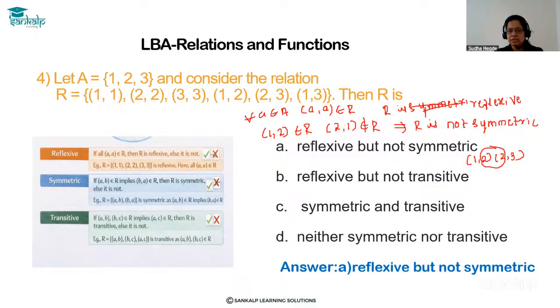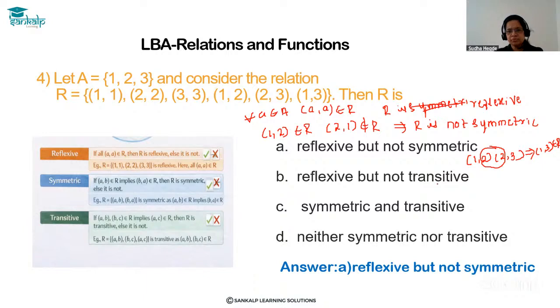If it is there in R, then it is transitive. But you have to check all such ordered pairs. So (1, 3) is also in R.